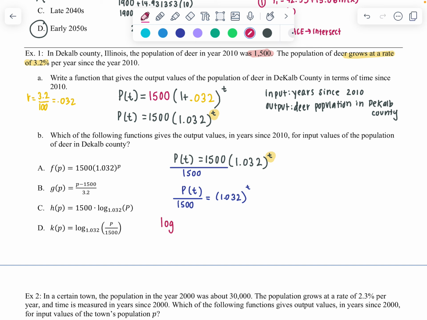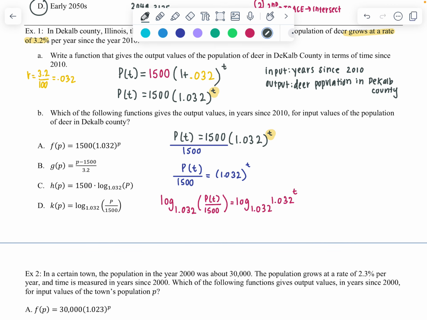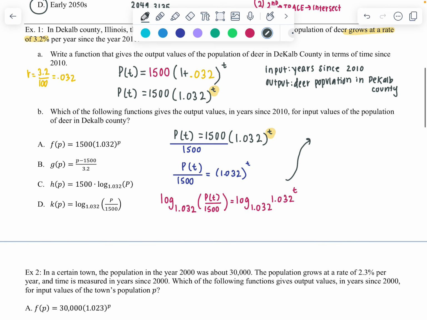So we do log base 1.032 of P of t over 1,500 equals log base 1.032 to the power of t. We know that on that side, that will simplify to be t. So we're left with t equals log base 1.032 of P of t over 1,500.